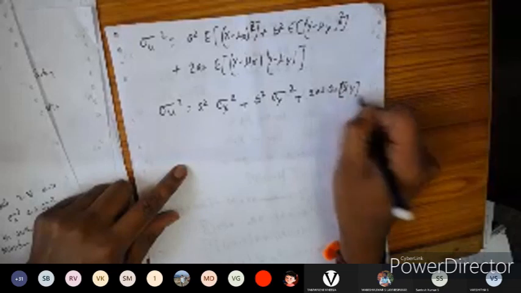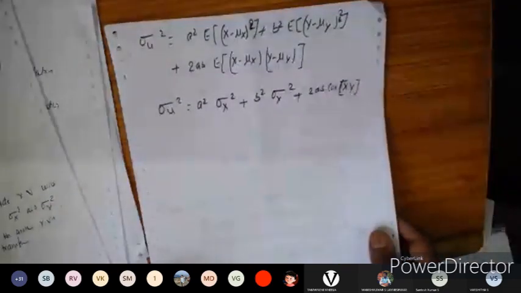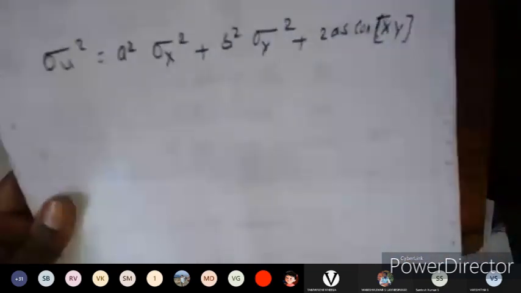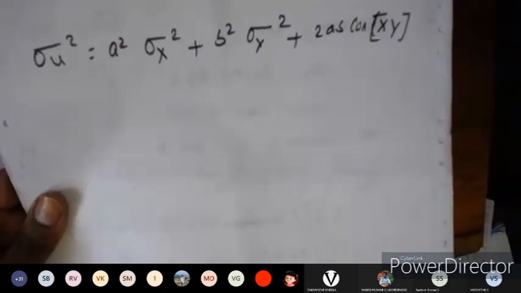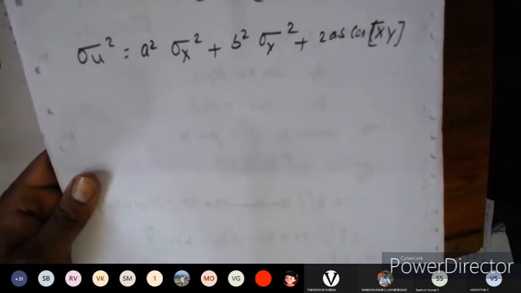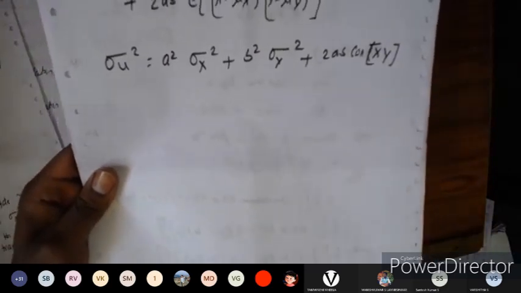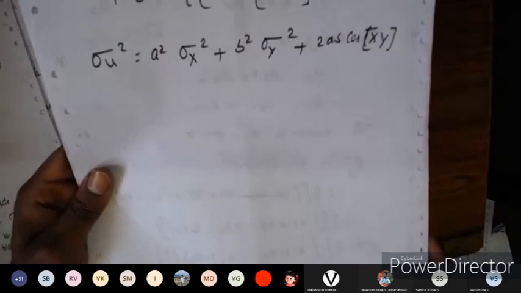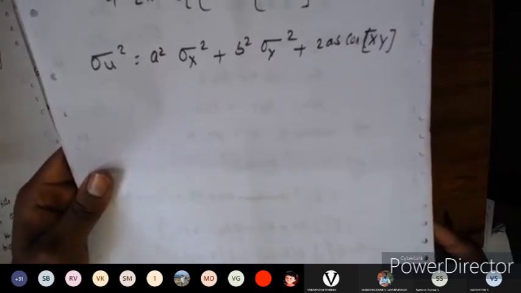So we write 2ab into the covariance of x comma y. This is the variance of the random variable u, which is a transformed random variable obtained from x and y.